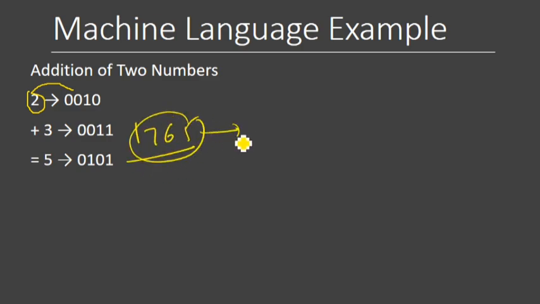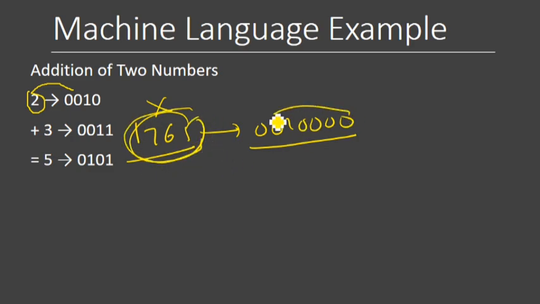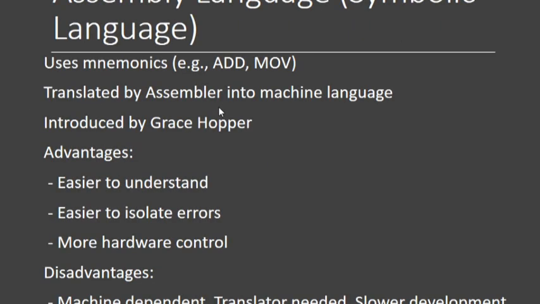I cannot write its equivalent binary value directly, I need to do some conversions from decimal number into binary number, because 1765 cannot be understood by the processor. Before we write 1765, we have to convert it into binary first, then you should give the binary number to the processor, and only then it understands. It understands only zeros and ones.